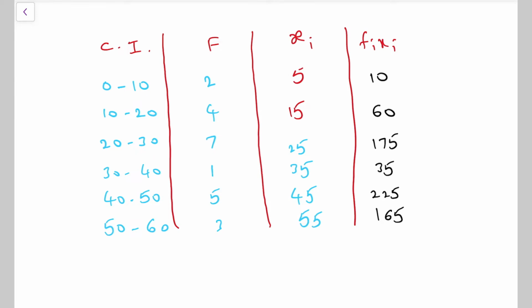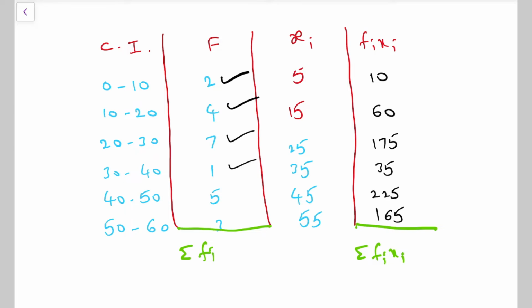Now, this fourth column, we need to add and we need to write that as sigma fixi. The same way, second column also we need to do addition and we need to write that as sigma fi. So let us add these frequencies first. 2 plus 4, 6, 6 plus 7, 13, 13 plus 1, 14, 14 plus 5, 19, 19 plus 3, 22.